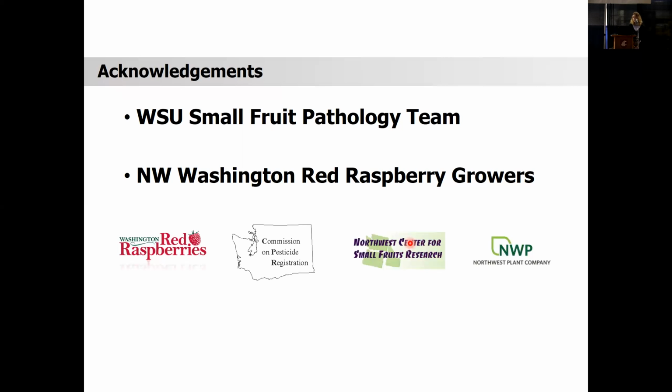So the answer is yes. The difference between field 1 and field 2, were they different? I believe the same sprayer, the same program, was used on the 2 fields. So I don't think there was a difference in droplet size because it was the same farm, and the same equipment was used on both fields. Thank you very much.